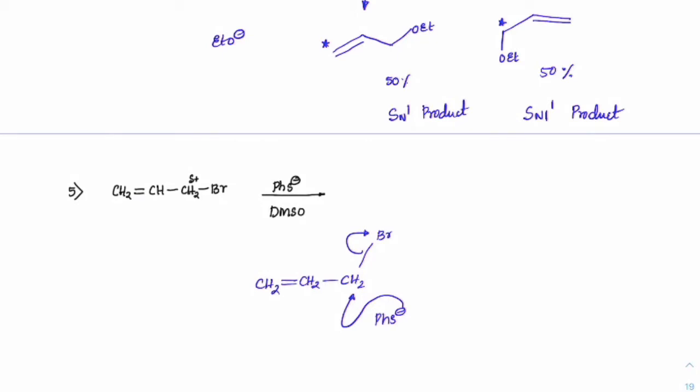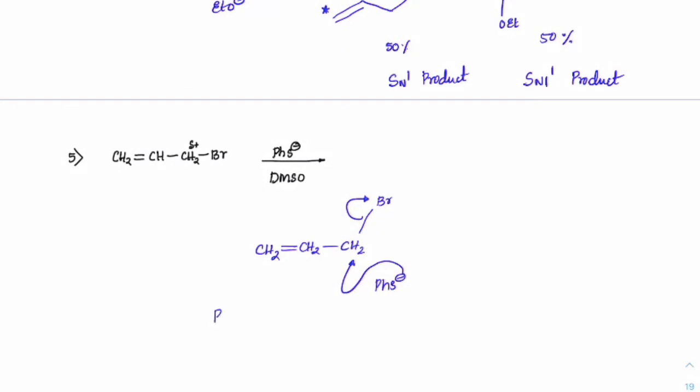In allylic cases, PhS minus will also attack from this end by rearrangement. This is also an SN2 kind of reaction, where at the same time bromine is leaving. So with a concerted step you will get two products here.